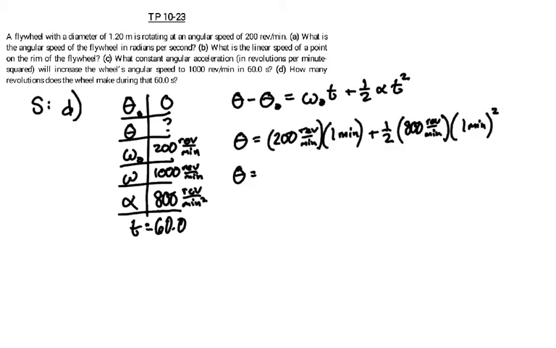So we have our initial angular speed of 200 revolutions per minute times our 60 seconds, or 1 minute, plus 1/2 of our angular acceleration times the total time elapsed of 1 minute squared. And the answer we get is 600. Put a dot there for 3 sig figs, and that's total revolutions.